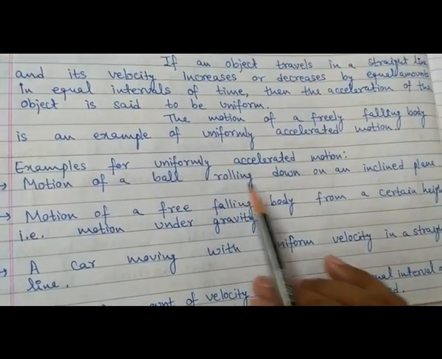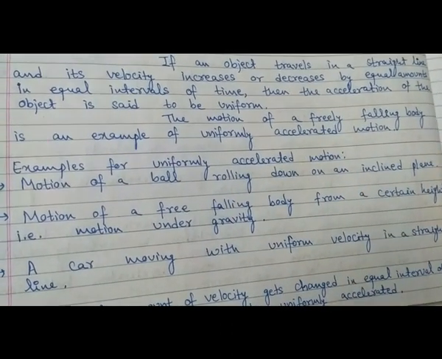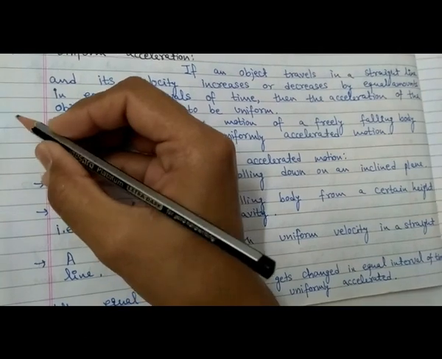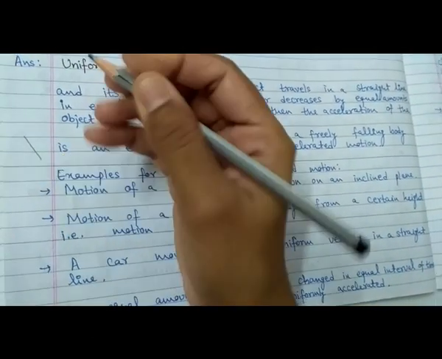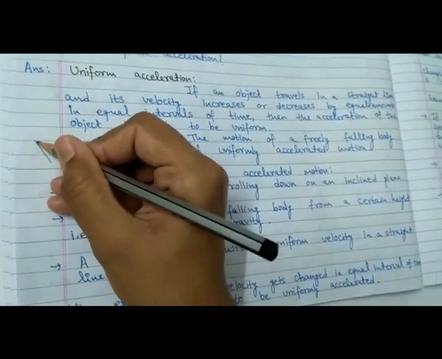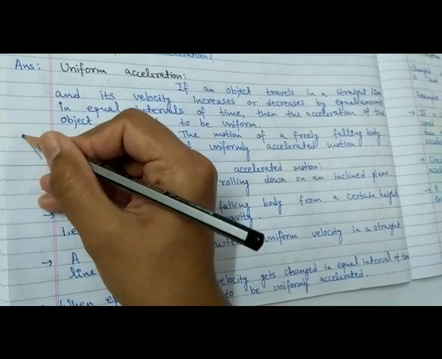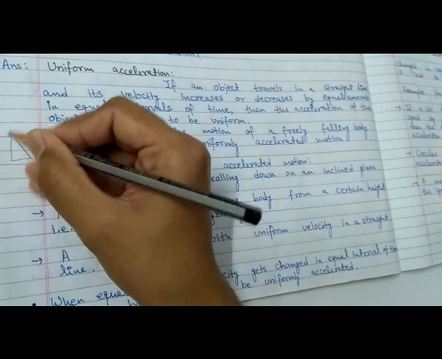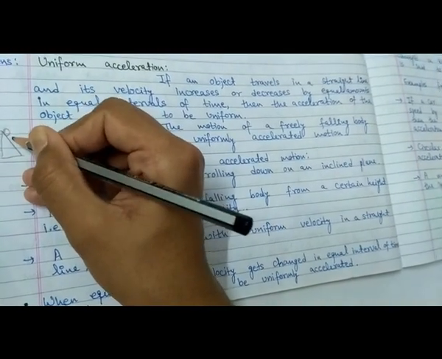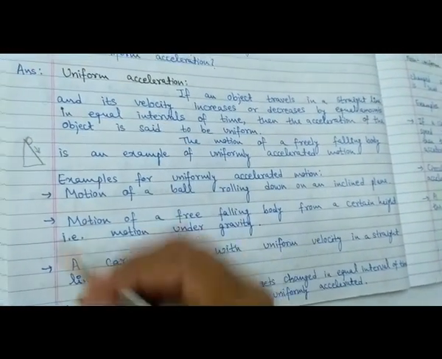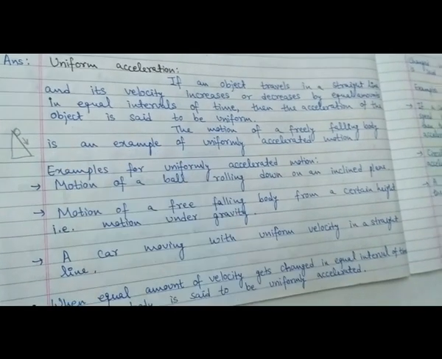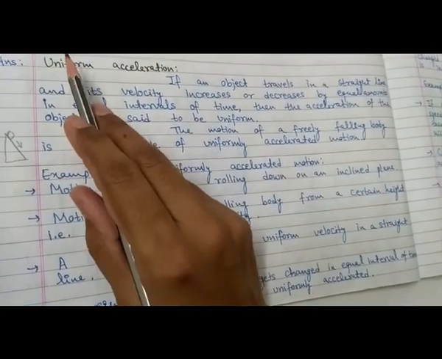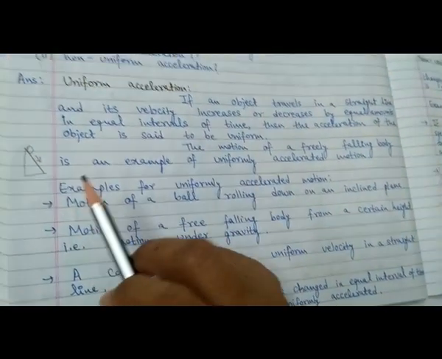Motion of a ball rolling down on an inclined plane. That means, let's take an example that this is a plane, and a ball is rolling down from an inclined plane. Okay, this is an example of uniform acceleration.